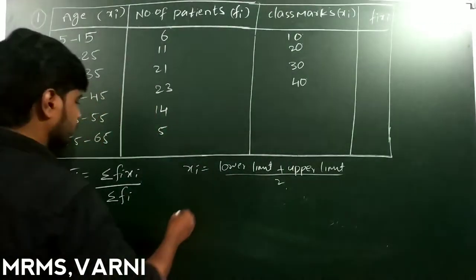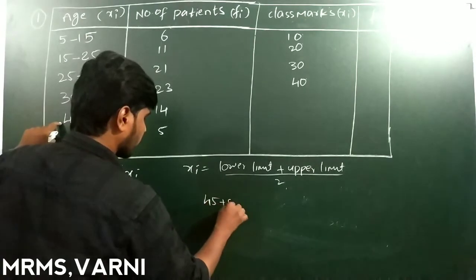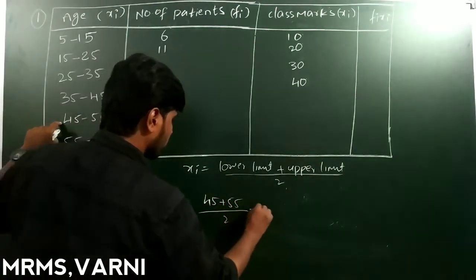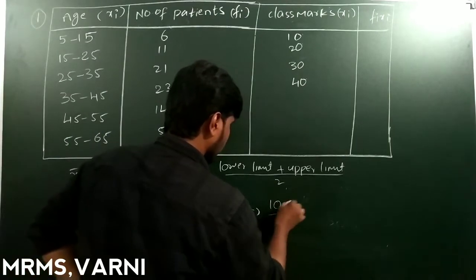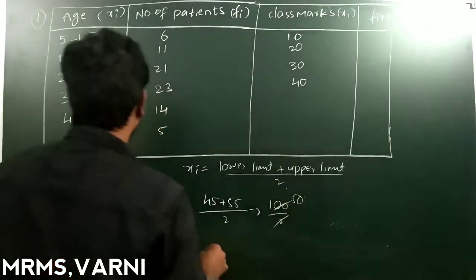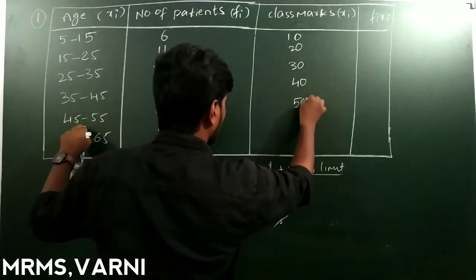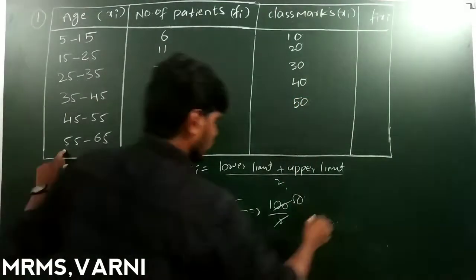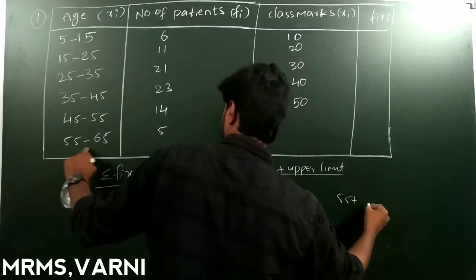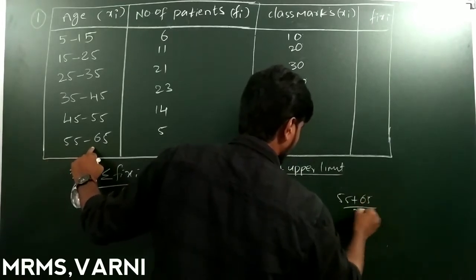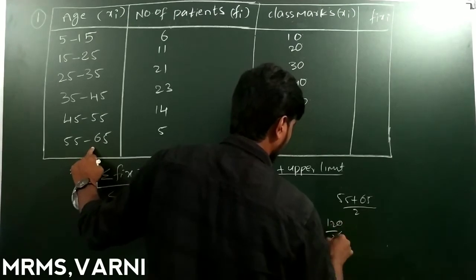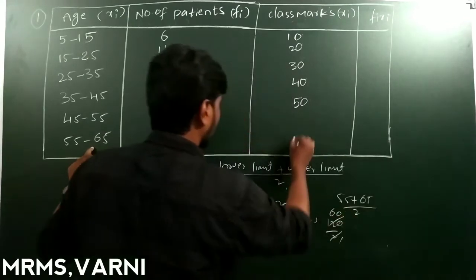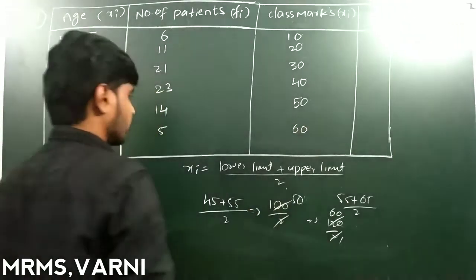Next 45 plus 55 by 2. So 100 by 2, 2 50s are 100. Okay, here it is 50. So 55 plus 65 by 2, nothing but 120 by 2, 2 60s are 120. Okay, here it is 60.